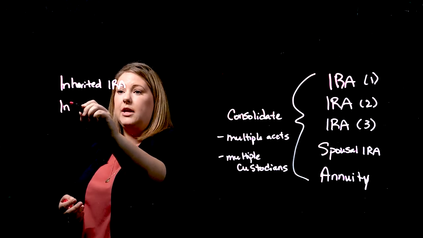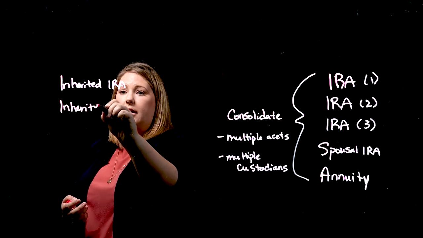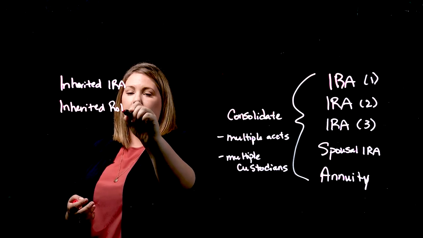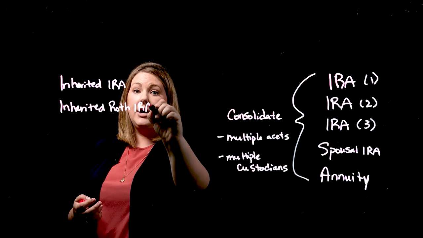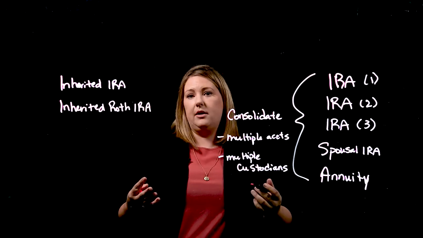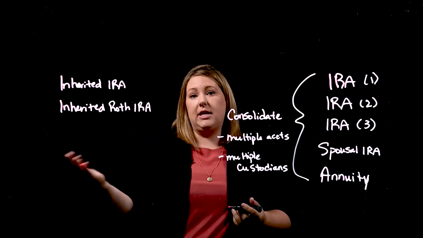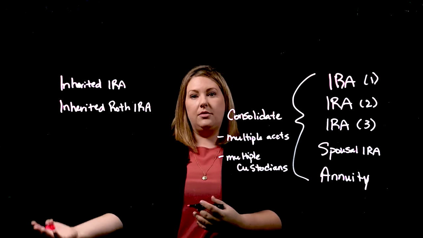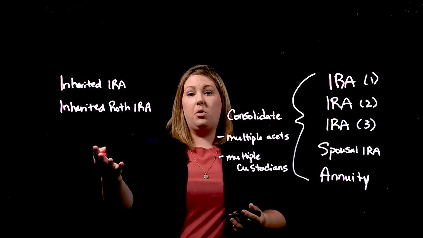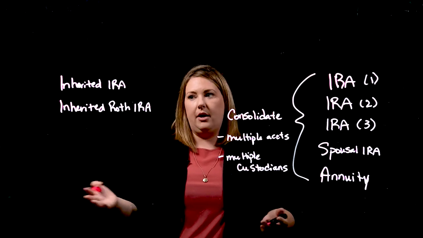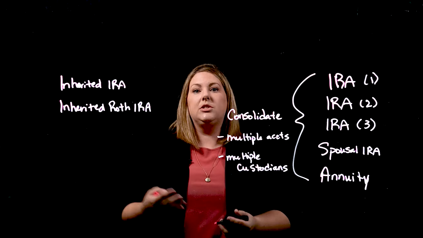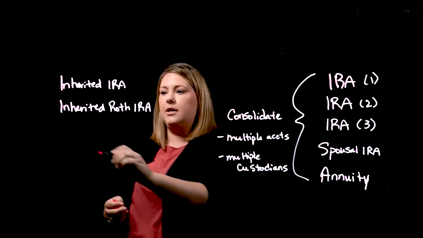Another is the Inherited Roth IRA. Even though it's a Roth IRA, even though you're not 70 and a half, because you inherited it and it's not your spouse, it's not yours, you have to start taking RMDs from that, even if you're 30, 40, 50. So it's important to know that you have to take that out. Again, the table factor is different, so it's important that that's taken from that account.